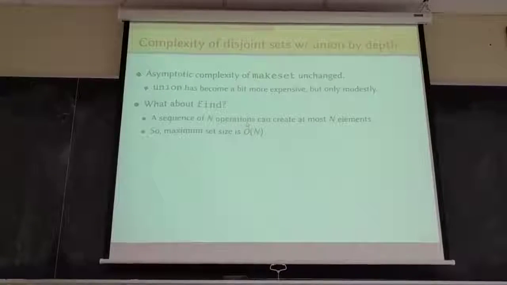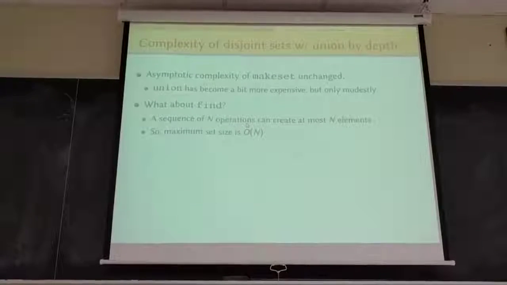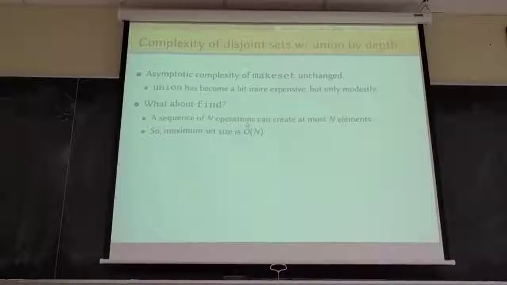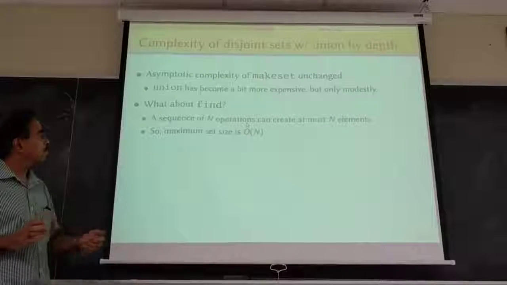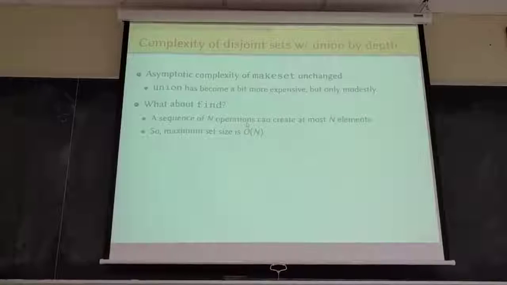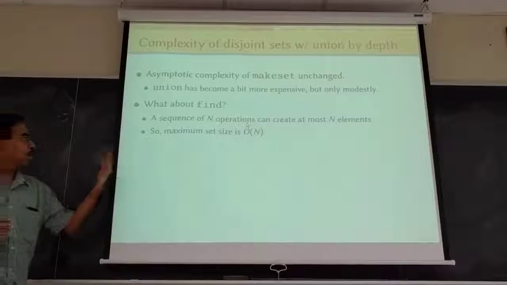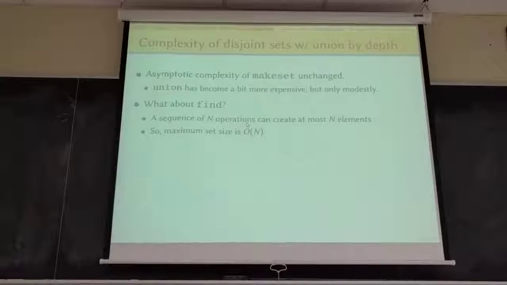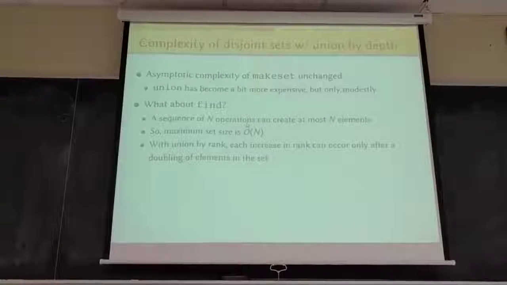It only adds a constant amount to the cost of union. It doesn't really change its cost in the asymptotic sense. So now what about find? A sequence of n operations can create at most n elements. Therefore, the maximum set size is order of n.